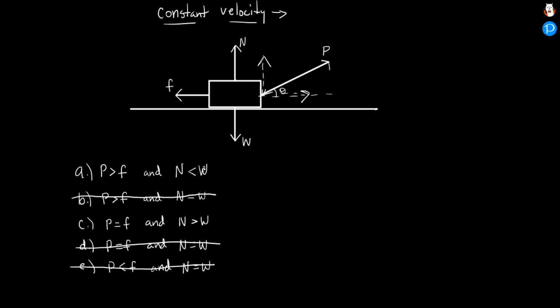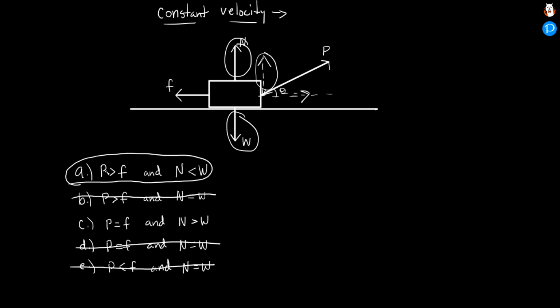Now I'm left with these right here: normal force less than the weight and normal force greater than the weight. We just said that this and this have to add together to equal this, so really the normal force must be less than the weight. My only option left would be this one right here. Normal force is less than the weight.